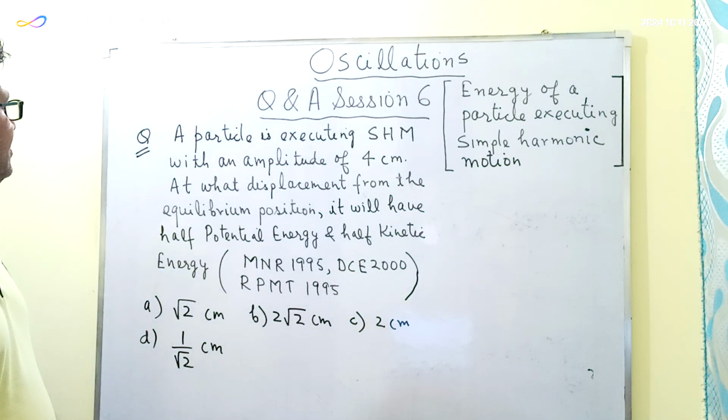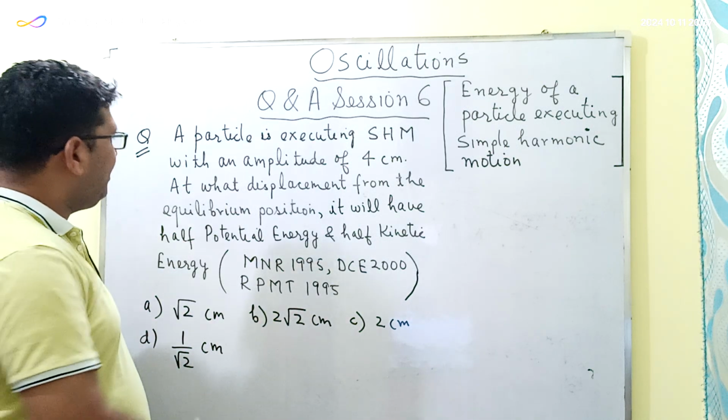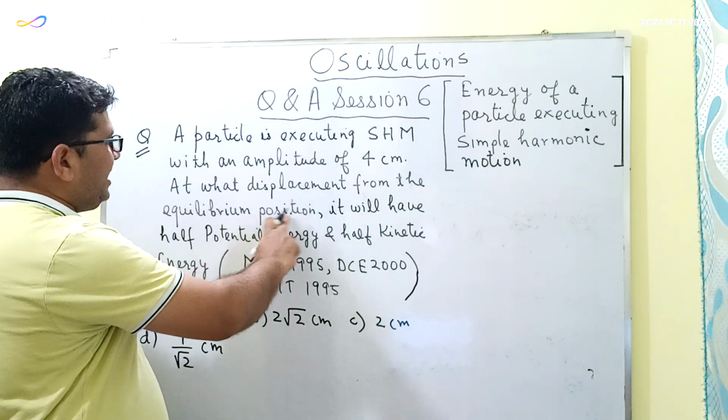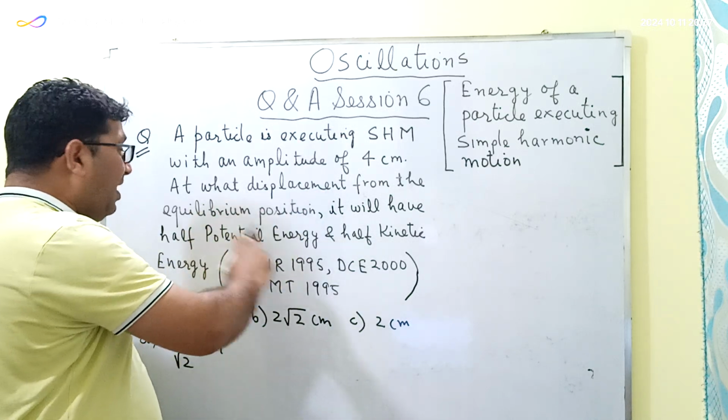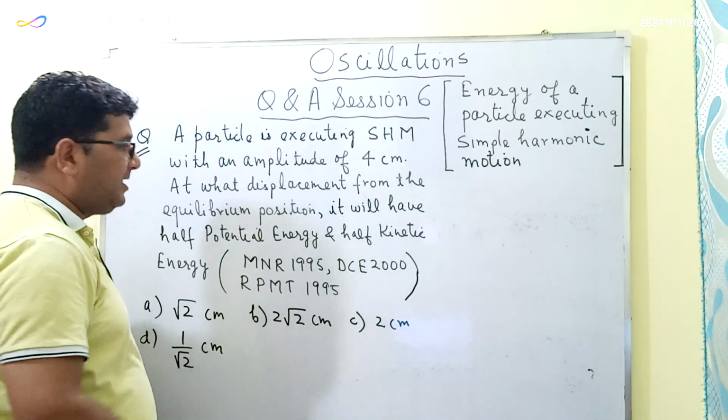So the question here is: a particle is executing simple harmonic motion with an amplitude of 4 cm. At what displacement from the equilibrium position will it have half potential energy and half kinetic energy?